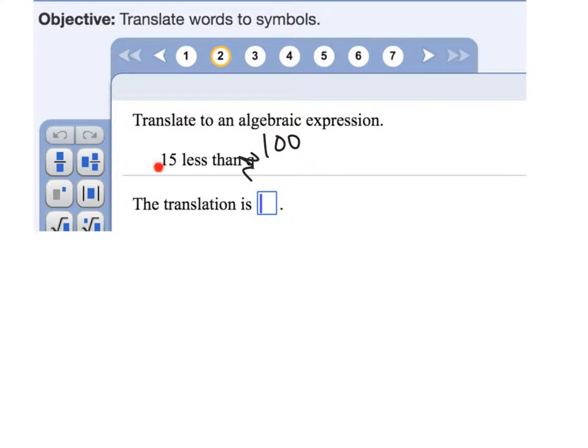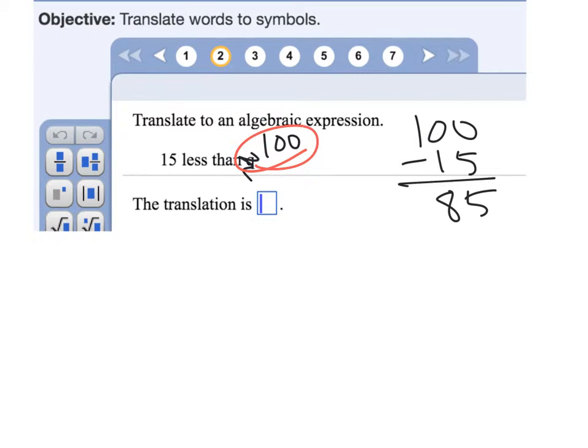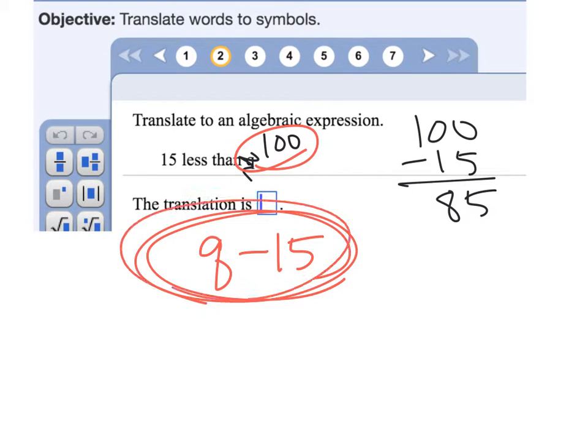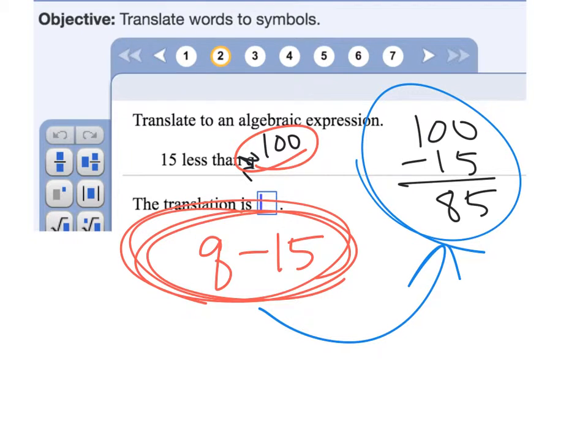What is 15 less than 100? That would mean you'd do 100 minus 15, and you'd get 85. You take whatever this number is and subtract 15. Since it said 15 less than q, we're going to do q minus 15, which is the algebraic way of doing what I did with plain old numbers.